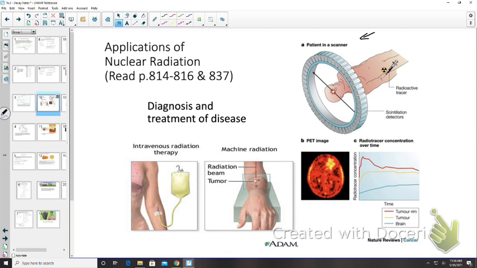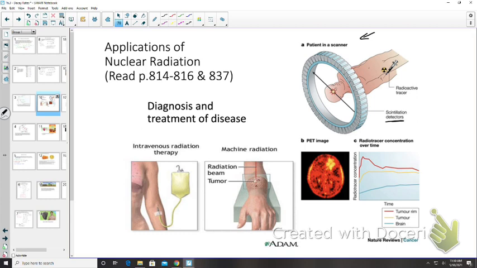This tracer does not really affect the cellular processes, but it's just going to allow your blood vessels and your neurons and other important tissues in your body to be imaged by one of these scintillation detectors. Okay, so by putting a radioactive tracer into your body, it can allow scientists to image what's going on in your cells a little bit easier.